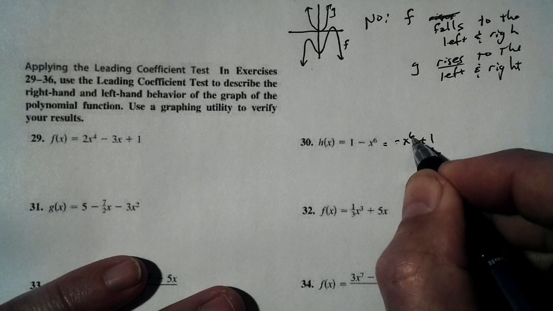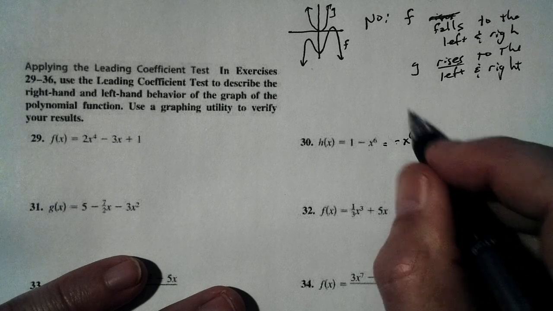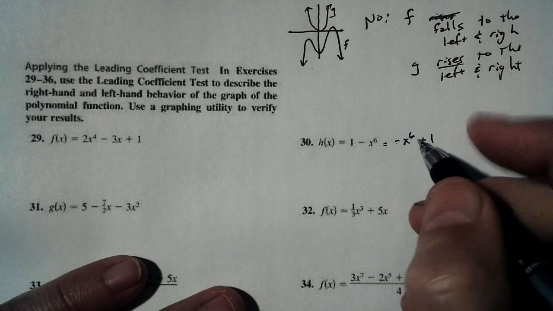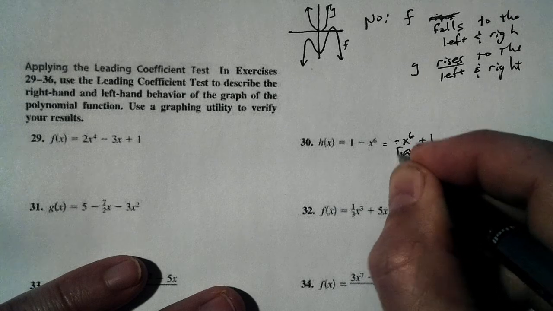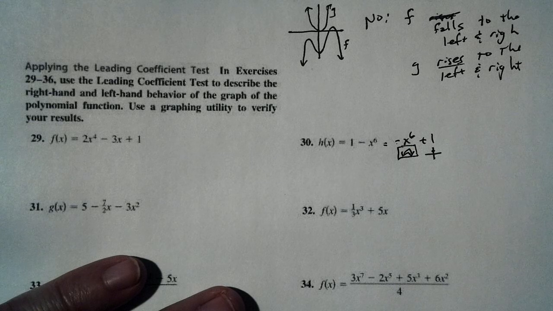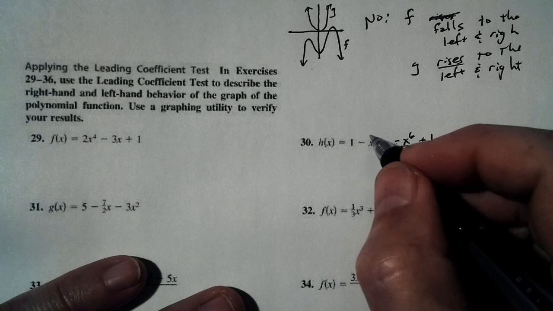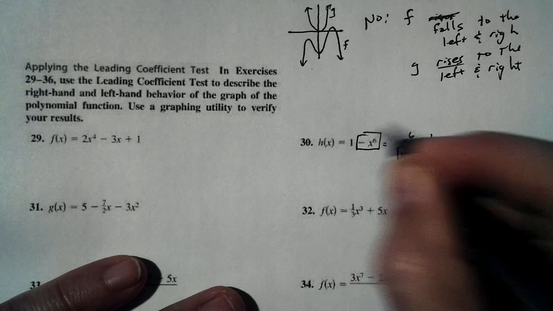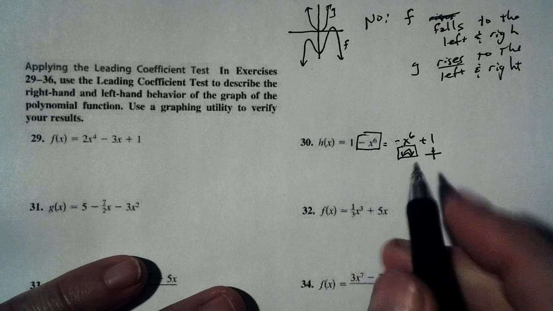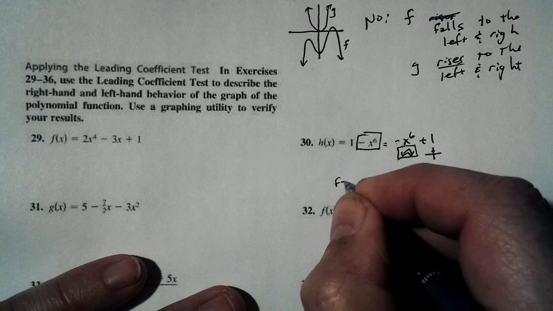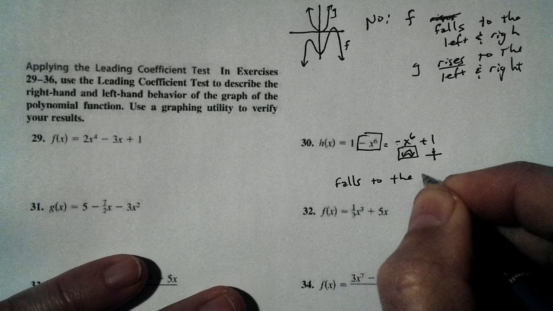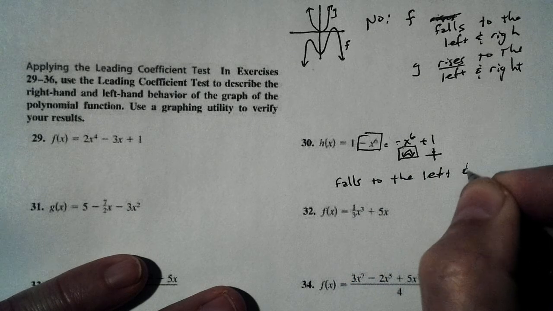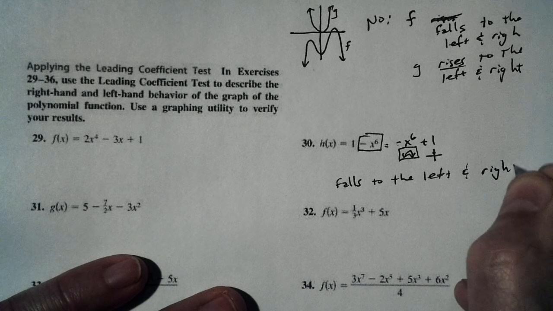Negative even, like a parabola would be going up, but this parabola would be going down. Even is going to be the same. So eventually wants to look like that. That is a representation of our end model behavior right there. It's all based on this term. So this falls to the left and right.